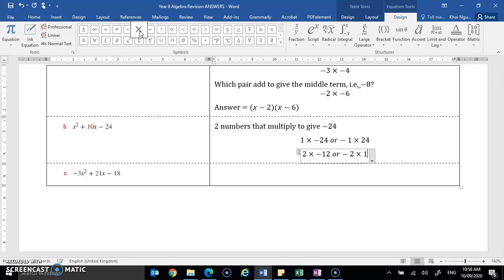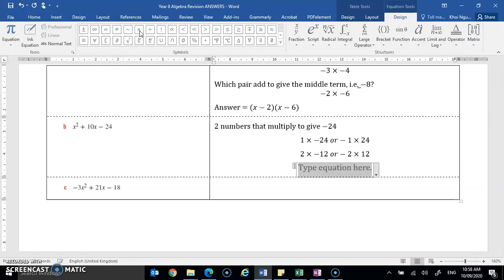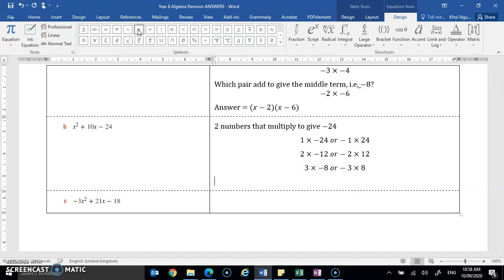What else do we have? We can have 3 times -8 or -3 times 8. And I think we can have one more, and that's 4 times -6 or -4 times 6.